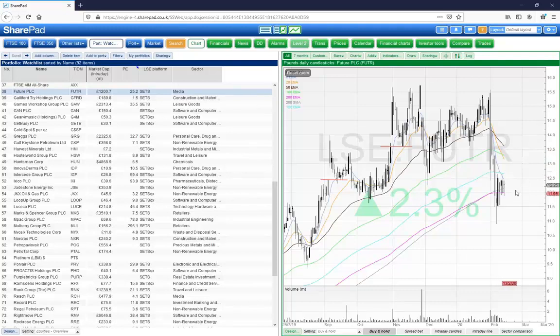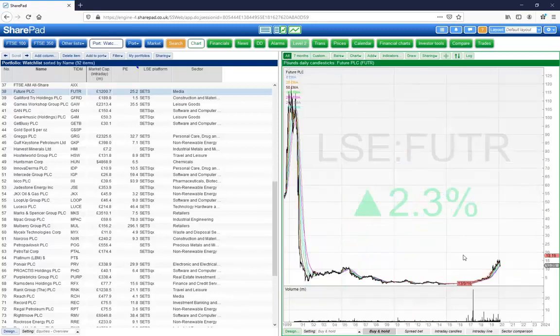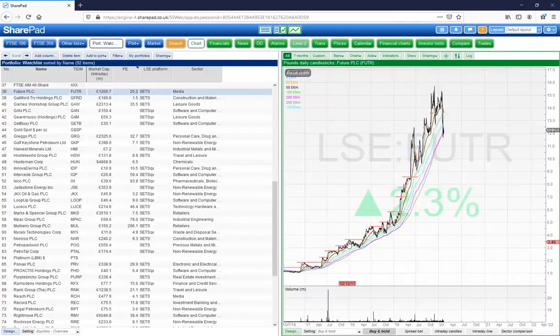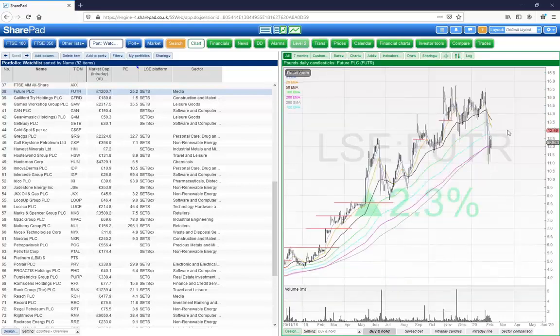Again, who knows? But I would not want to go long Future unless it would break 1570. But even then, I think the easy money on this stock has been made. The time to buy was on the way up when it was still a couple of hundred market cap, not when it's 1.2 billion. I think the trade on Future might be short.